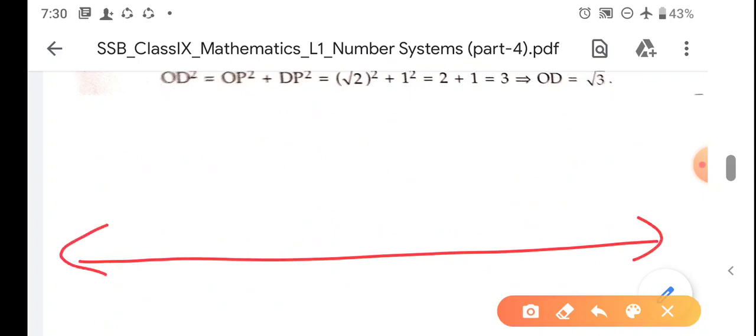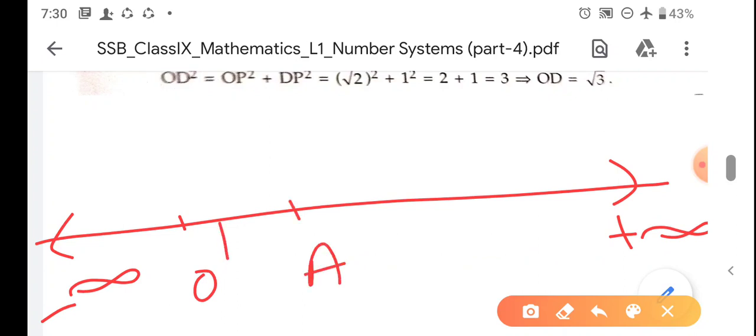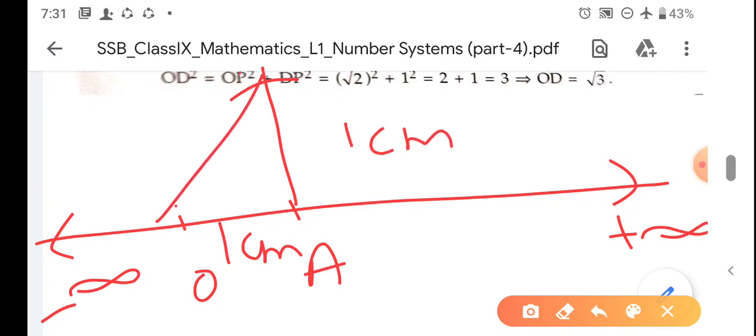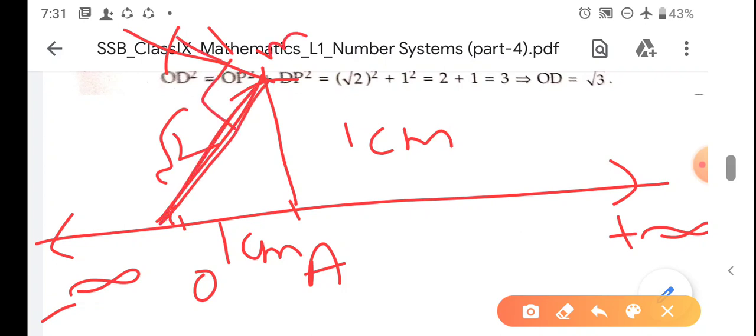Let us take a number line, with negative infinity and positive infinity. This is 0. This is 1 centimeter. Make an angle of 90 degrees, cut 1 centimeter, join it. This is root 2. Now here you draw an angle of 90 degrees and cut again 1 centimeter. This is your base, this is the perpendicular, and this is your hypotenuse.